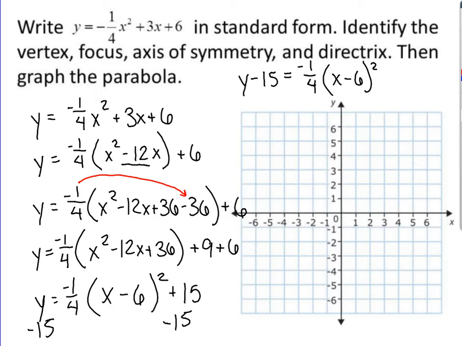Now we need to get that x minus 6 squared part by itself so that it's in the correct form for a parabola. To do this, we need to get rid of that negative 1/4. Right now, this is basically dividing by a negative 4. So the opposite of that is we're going to multiply everything by a negative 4. So we have negative 4 times y minus 15 is equal to x minus 6 squared.